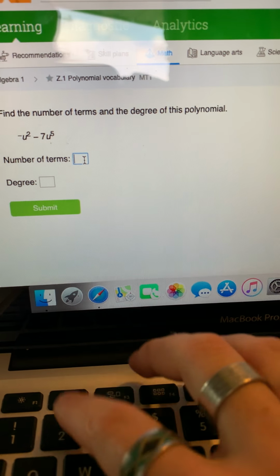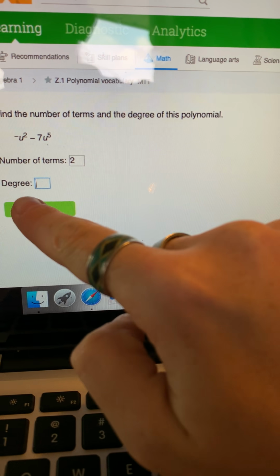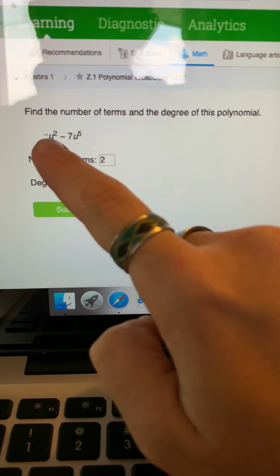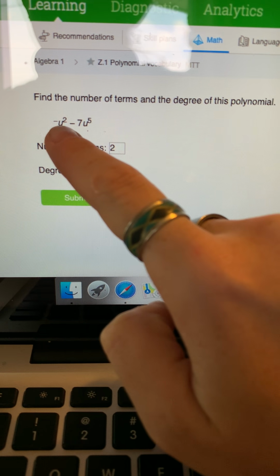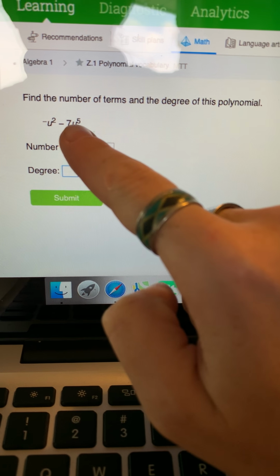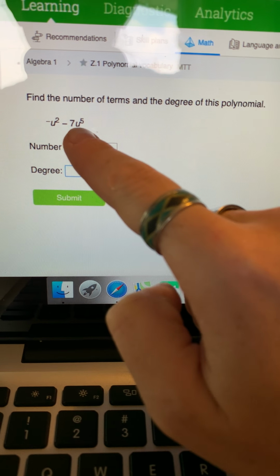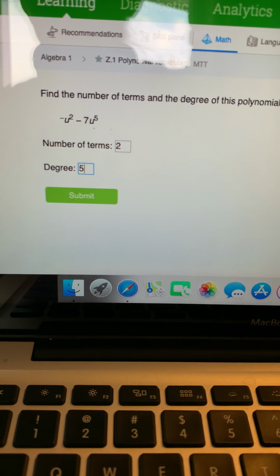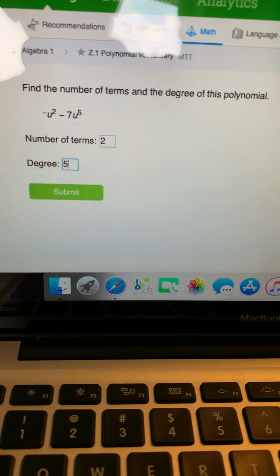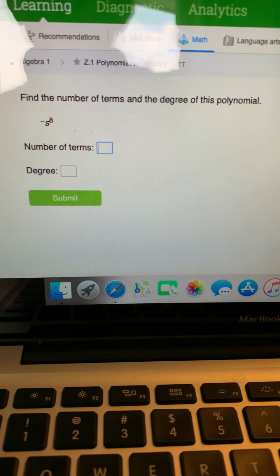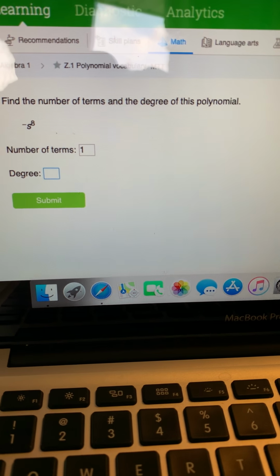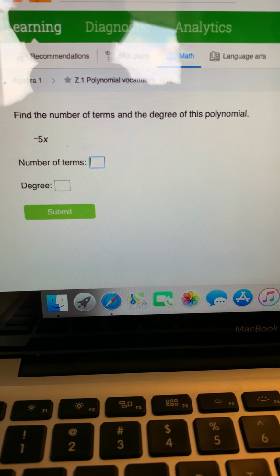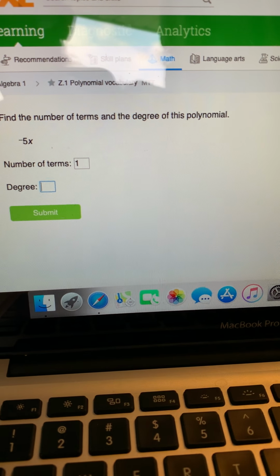How many terms are there? 2. The degree, now be careful here. We've been putting just the first exponent because that's the biggest one, but now the biggest exponent's the second term. Just because of the way that they wrote it, you just need to pay attention to the problem. The degree is 5 in this one. 1 term, degree 8. 1 term.